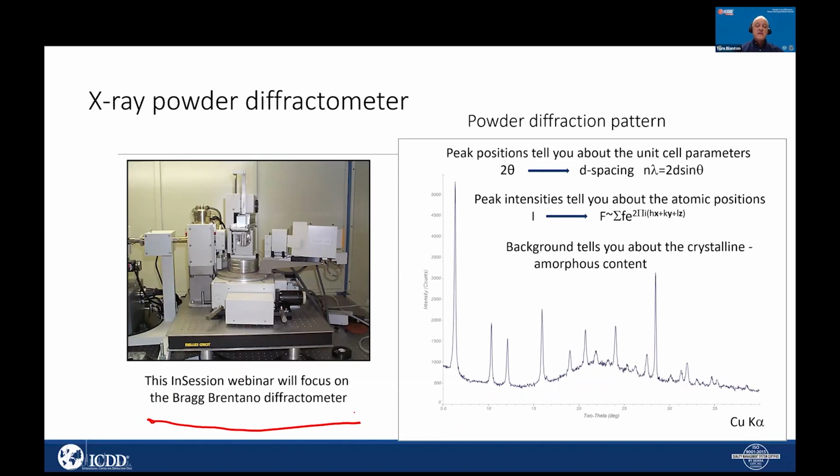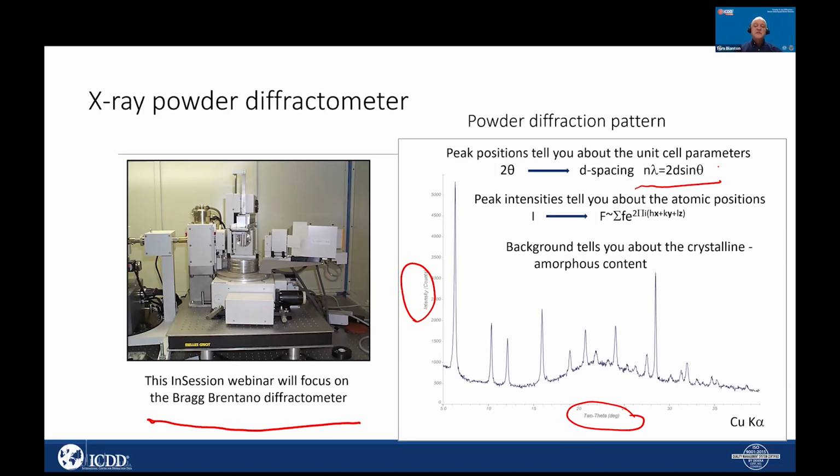The diffraction pattern that you get is typically an intensity versus 2 theta plot. The 2 theta, the peak positions, tell you something about the unit cell parameters. 2 theta can be converted to d-spacing utilizing Bragg's law, and it's these positions, these d-spacings, that are related to the unit cell.